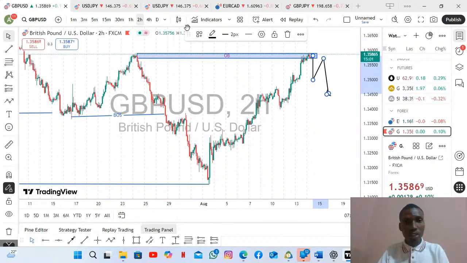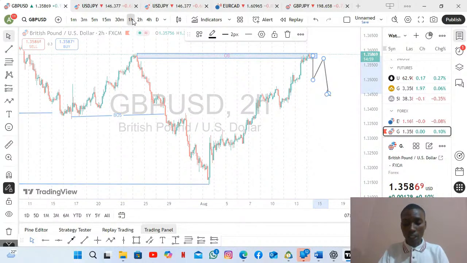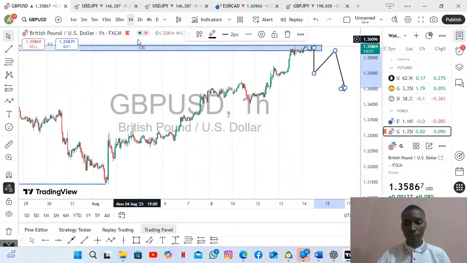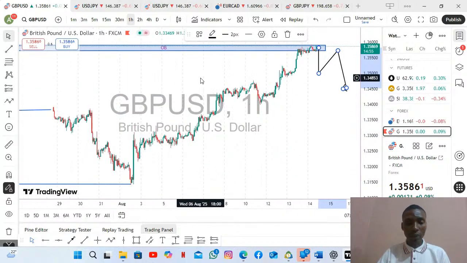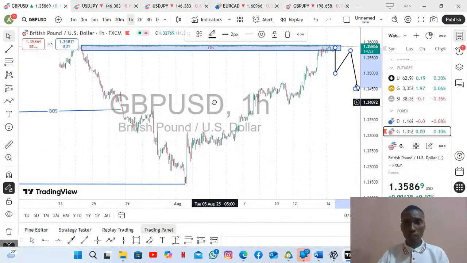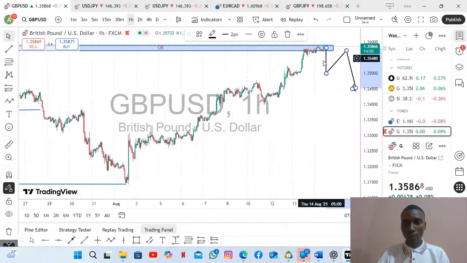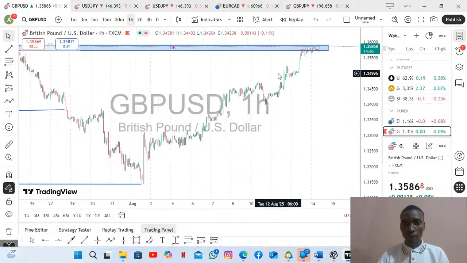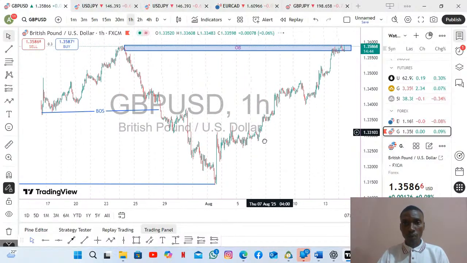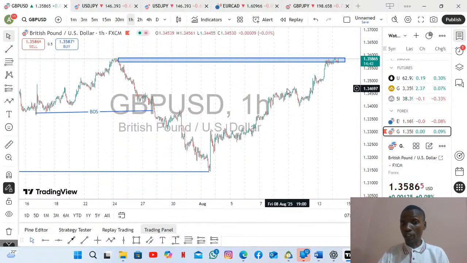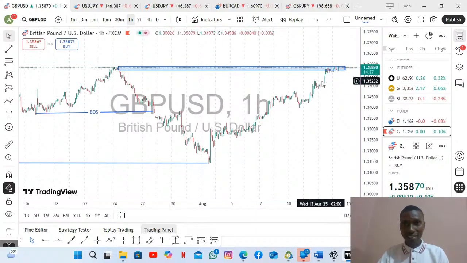But let's see, it's still reacting. Let's see what the 1 hour has to offer us at this point in time. Remember, our duty is to react to the market. We don't move the market, we react. Price is still within it.